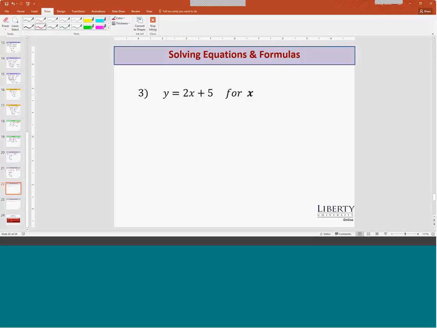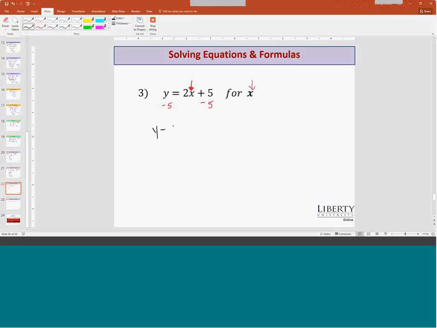Now we're asked to solve y is equal to 2x plus 5 for the variable x. So x is our target variable. We undo what's being done to x. First thing I do is subtract 5 from both sides.